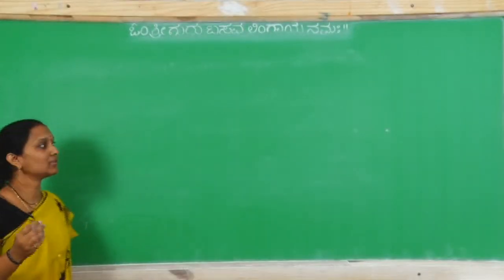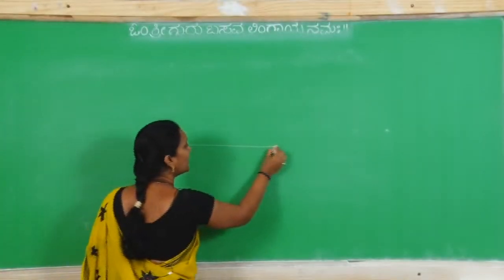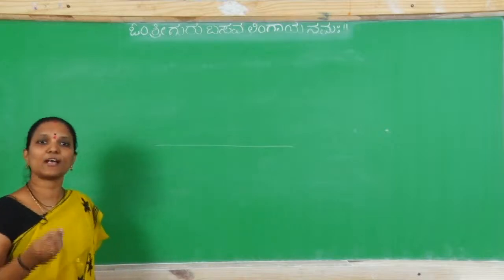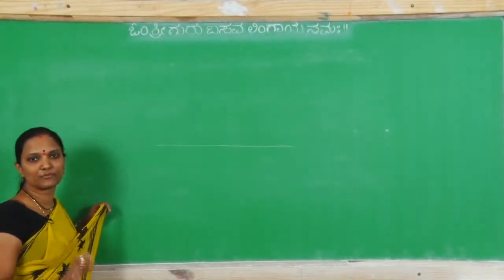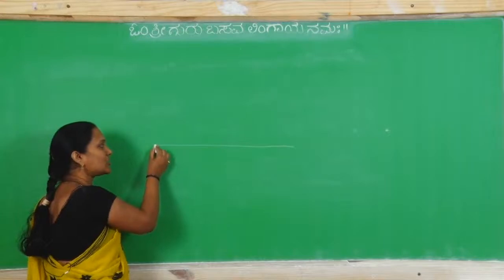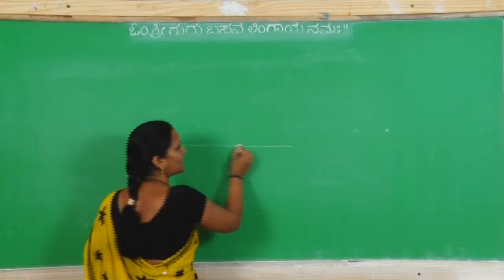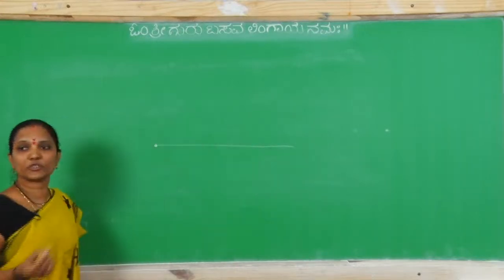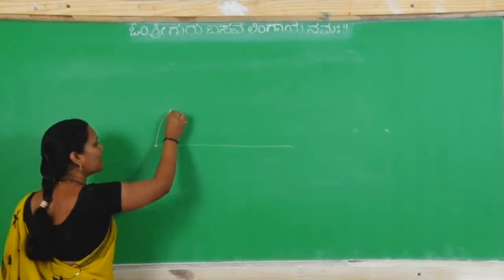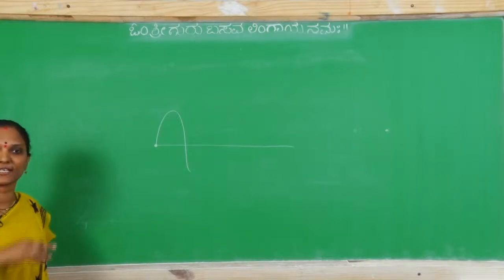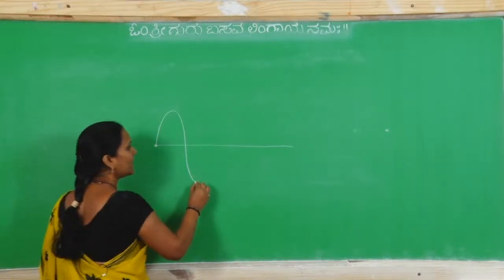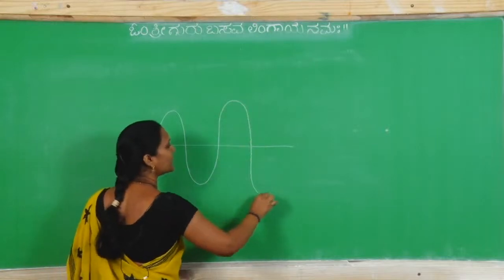Any electrically charged particle that is moving under acceleration produces an electric field and also a magnetic field. If any charged particle is moving, then it produces an electric field and also a magnetic field.